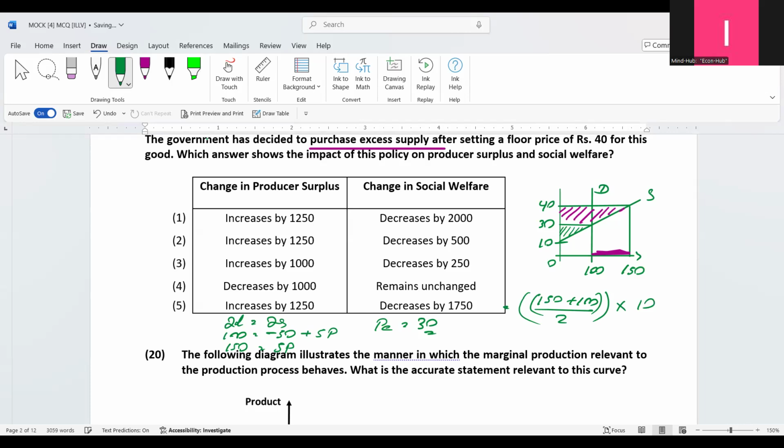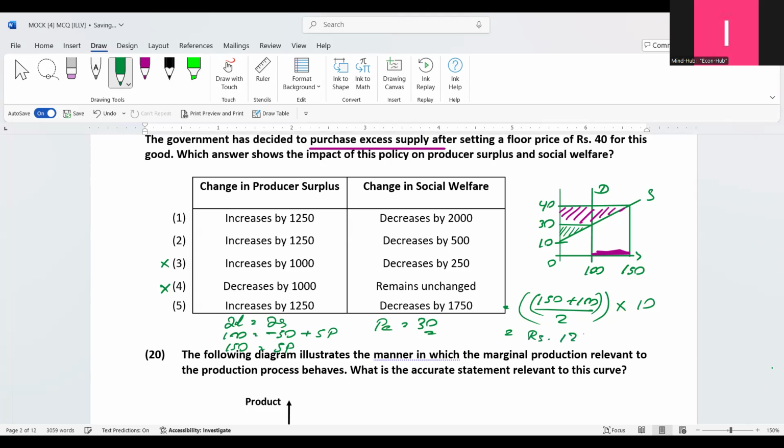So how much do you get when you solve this? 1,250, it's an increase. Rupees 1,250. So answer 4 is incorrect, 3 is incorrect. It's either 1, 2, or 5.